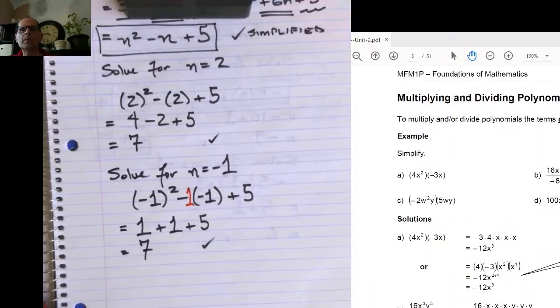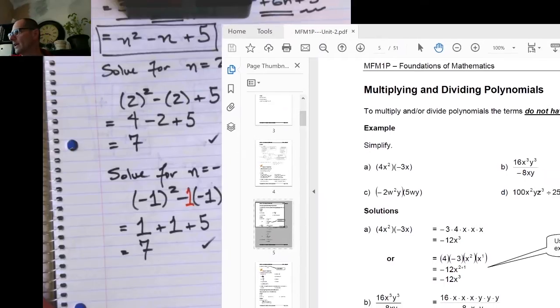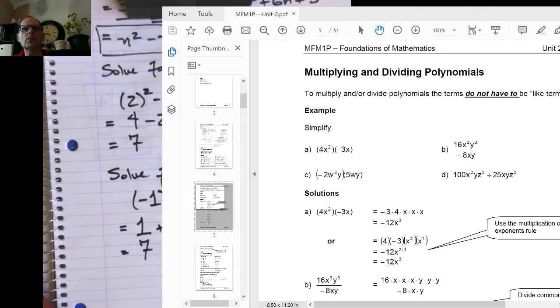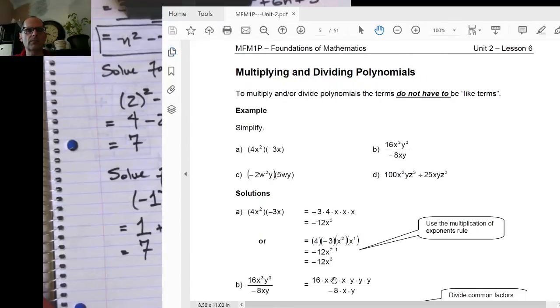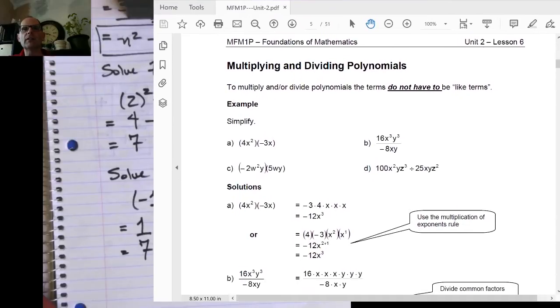Okay, so that's it for that section of lesson 6. Moving on now further into that lesson, we get into multiplying and dividing of the polynomials.